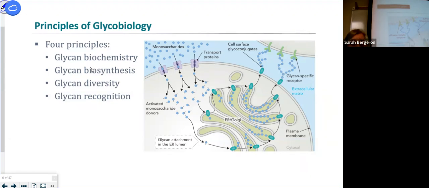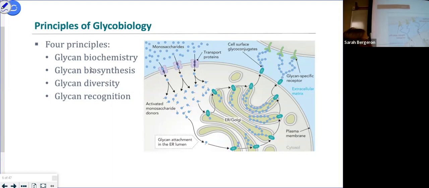And you can also understand which monosaccharides are coming in to make those, and how they are getting the individual monosaccharides, because they can come from different sources. Glycan biosynthesis is where we're saying, which ones come in and where and how are they assembled, right? Usually that's the ER and the Golgi, where we're putting them together, glycosylating our proteins, our lipids, or whatever it is.